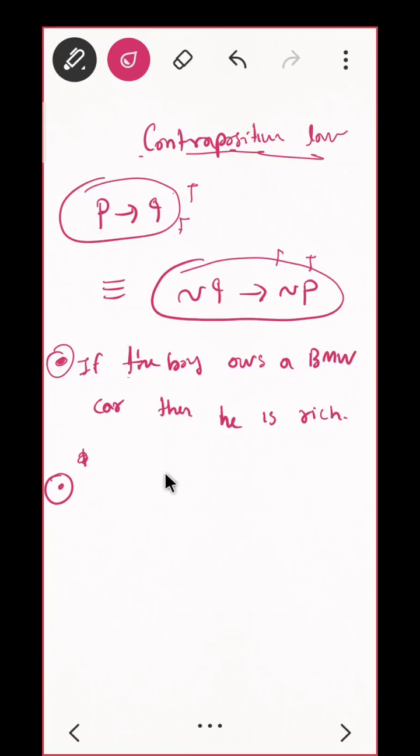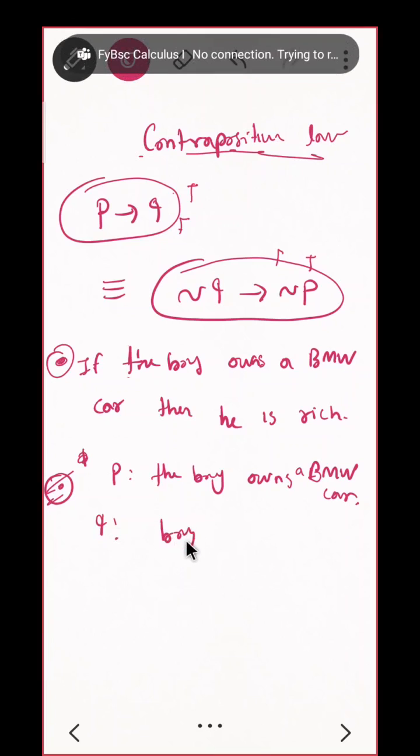What will be the contrapositive? What is P here? What is Q here? Correct. P is the boy owns a BMW car. What next? What is Q?